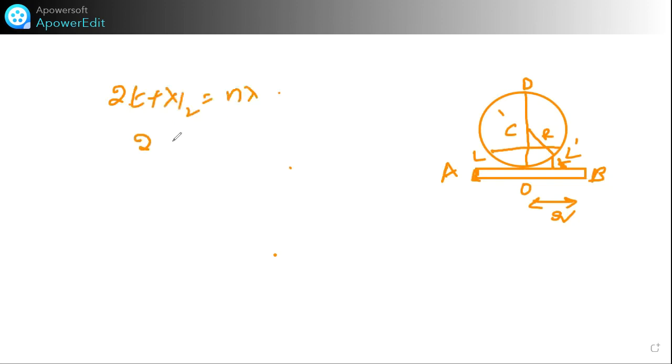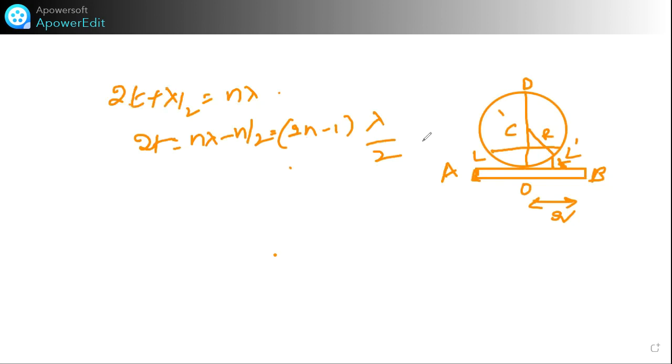Therefore 2t is equal to n lambda minus lambda by 2, that is equal to (2n minus 1) into lambda by 2.